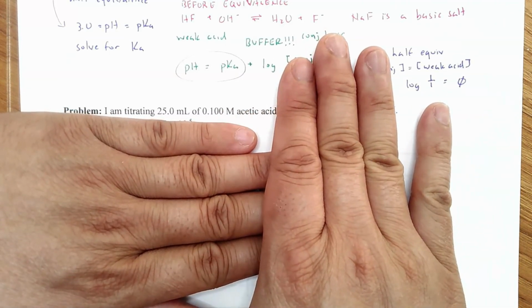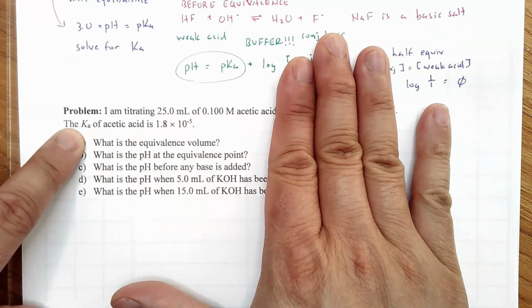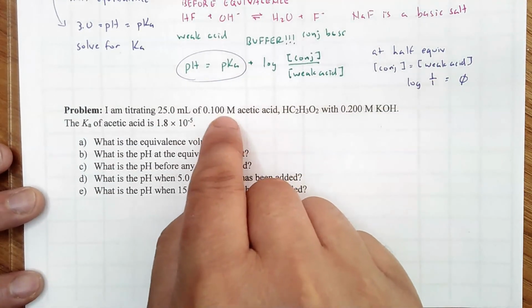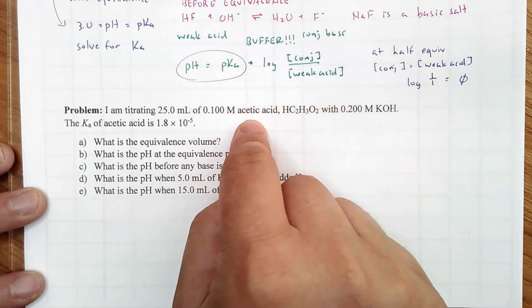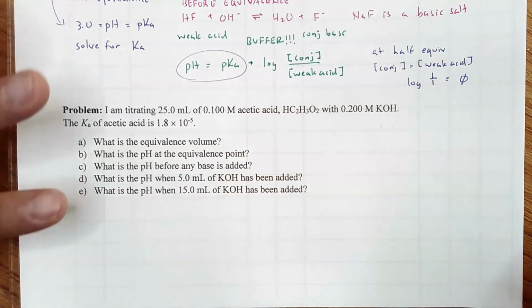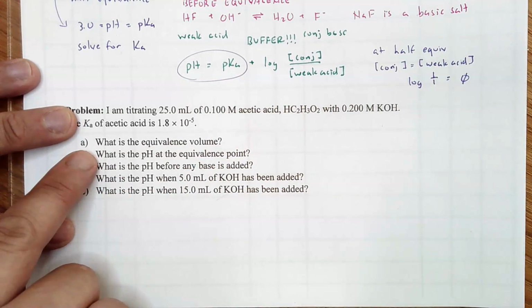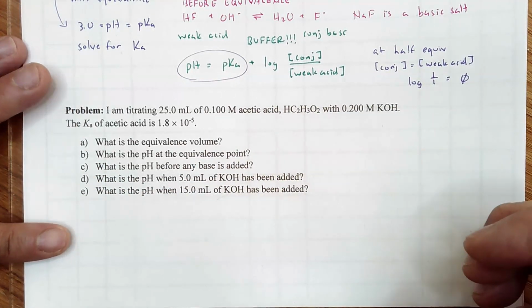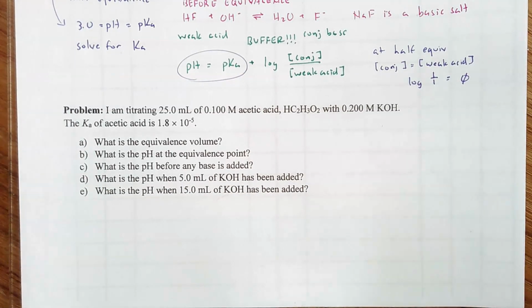You have to do an ice table. We're given Ka. Remember when we figured out the pH of an acid solution when you use a weak acid? And there are other tricks, very different, how we do these calculations versus how we did them for a strong acid titrated with a strong base.